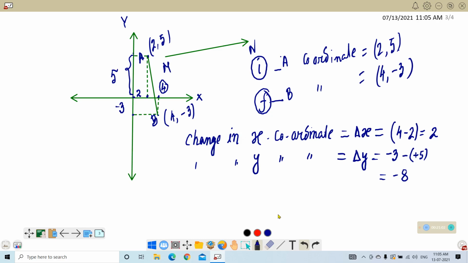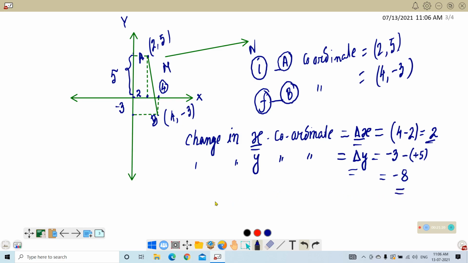So if we assign A as the initial point and B as the final point, then change in coordinate delta x is equal to plus 2 and delta y is equal to minus 8.